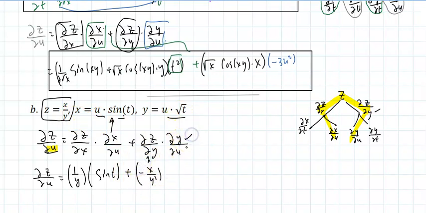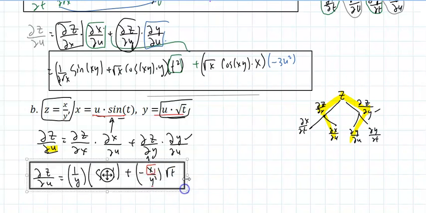The partial of Y with respect to U is radical T. Now if you replace X by all of that mess and Y by all of this mess, you will get the function in what you need, but this is a quick way of getting what we want.